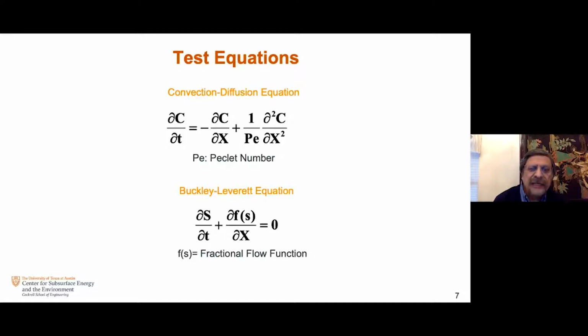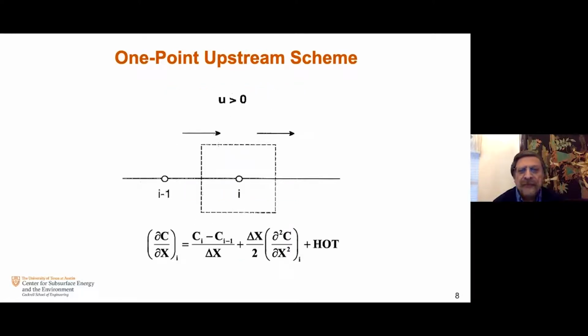I'm going to discuss some of the solutions and approaches used for solving this simple equation, because a more complicated version of the first equation is actually used in many of our simulators, which includes everything, including the multidimensionality.